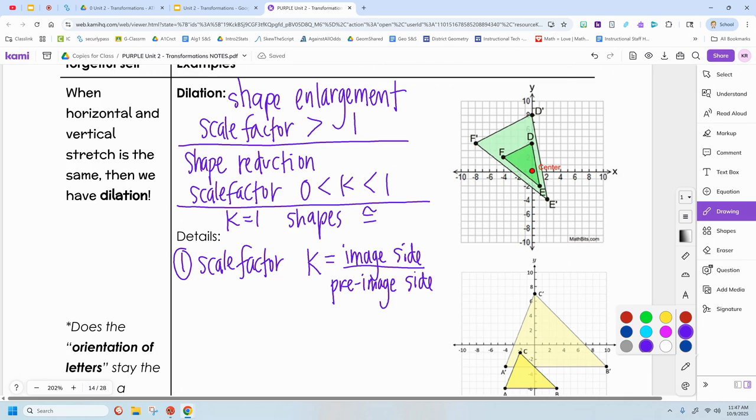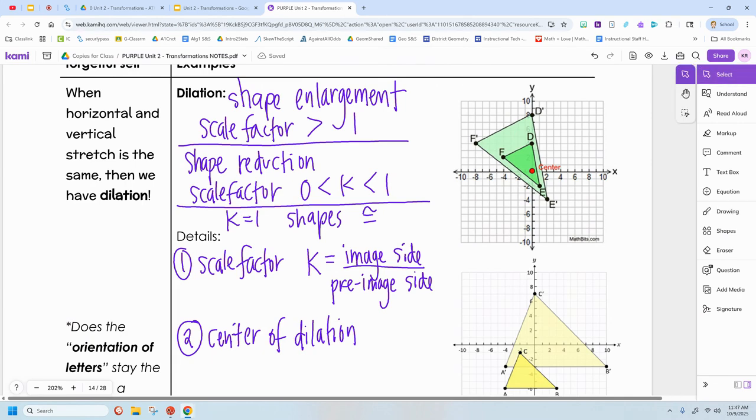The other thing that you need is a center of dilation, which sometimes can be the origin, but can also be other places.